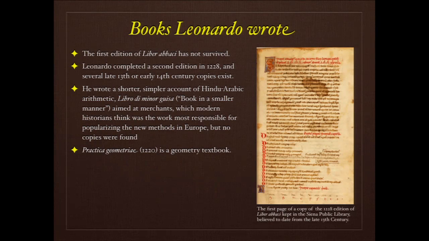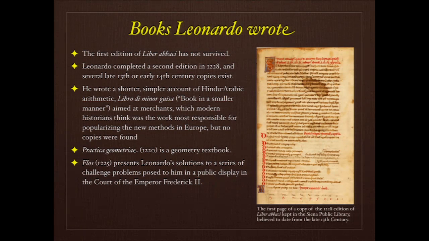He writes another book. In between that first and second edition of Liber Abaci, he writes another book on geometry, a practical book on sort of geometry for carpenters and for people that are cutting up cloth and things. So it's practical geometry; all of this was very practical stuff.